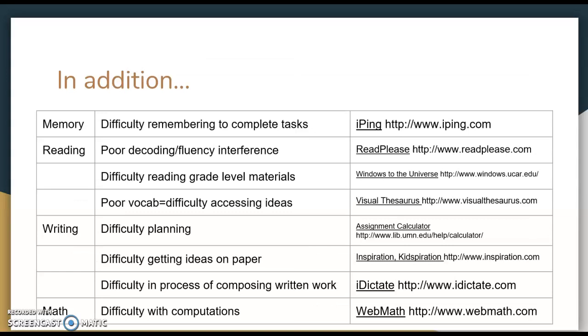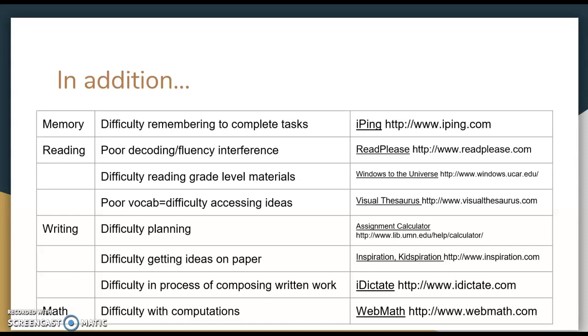In addition to that, here are some websites that teachers can use with their students. For memory or difficulty remembering to complete tasks, you can use iPing, which gives you reminders on when things are coming up or due. Reading, if you have poor decoding or fluency interference, readplease.com is a good reference.